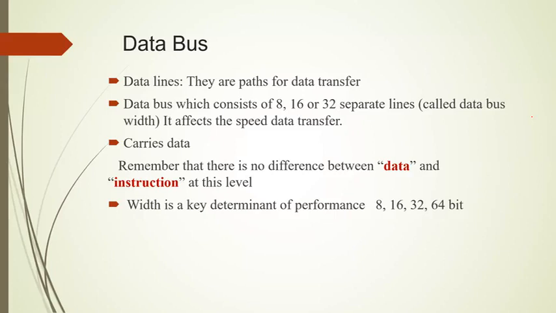The bus speed is a key determinant of performance. So when you want to buy a motherboard, you should know the bus speed. If it is not compatible with the CPU and the memory, you cannot get the expected high performance.